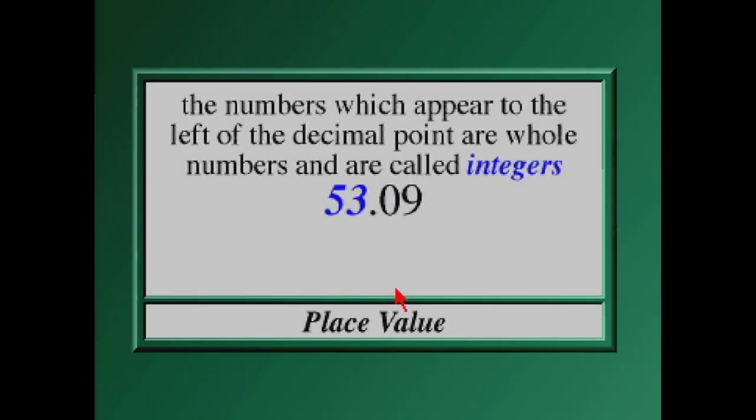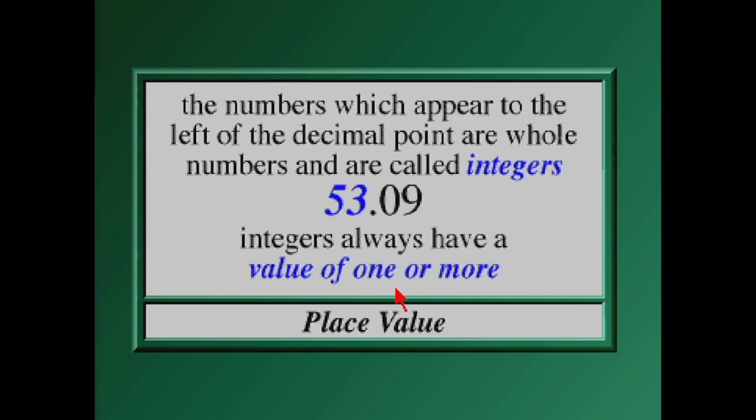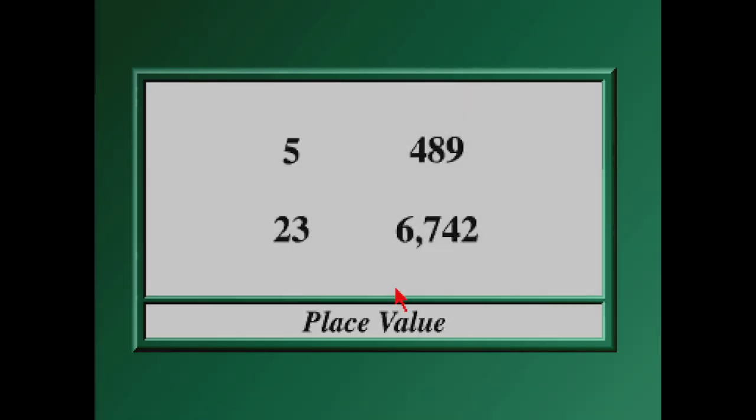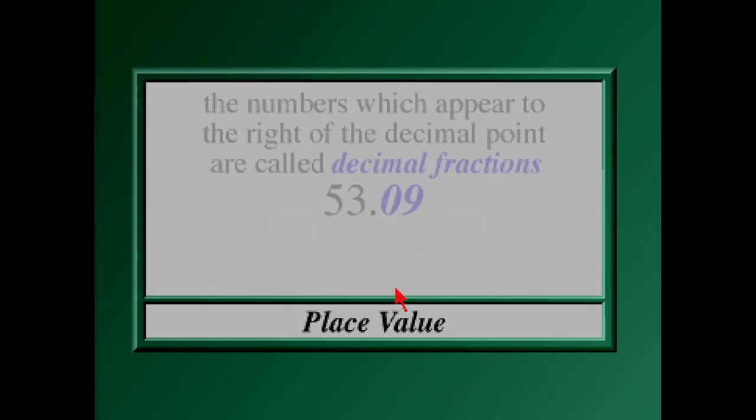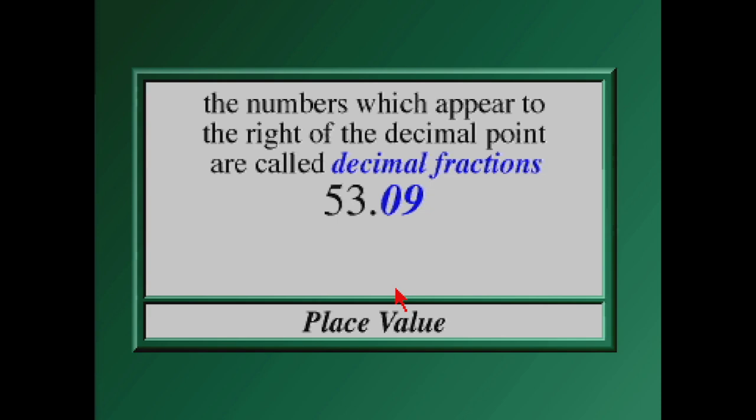The numbers which appear to the left of the decimal point are whole numbers and are called integers. Integers always have a value of 1 or more. For example, 5, 23, 489, and 6,742 are integers. The numbers which appear to the right of the decimal point are called decimal fractions.